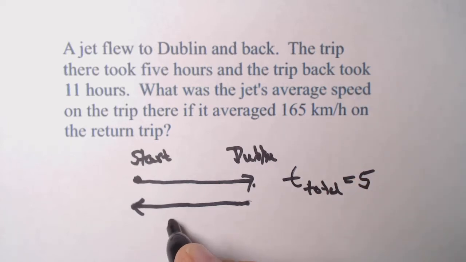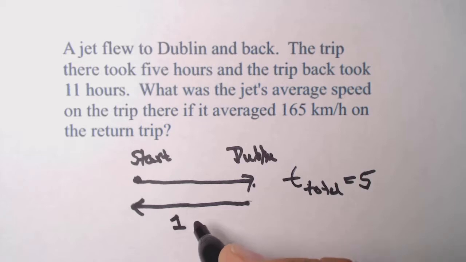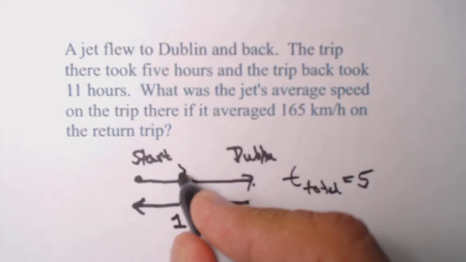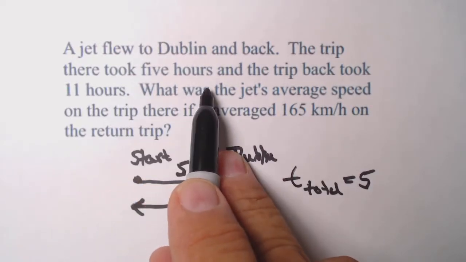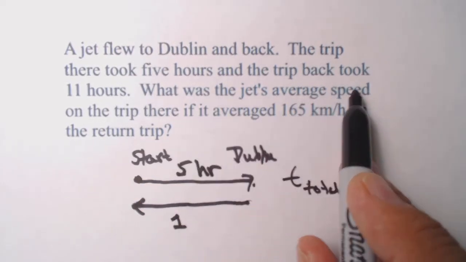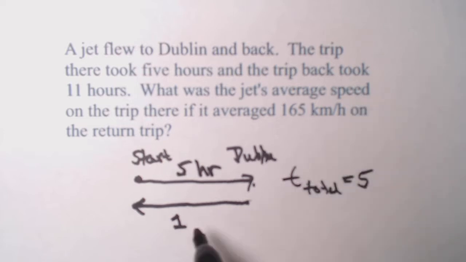Here's the return, so we know it's 11 hours. The trip there took 5 hours. Let's make sure we get this right. And the trip back took 11 hours. So 5 hours and 11 hours.